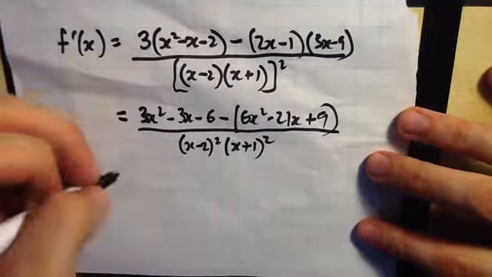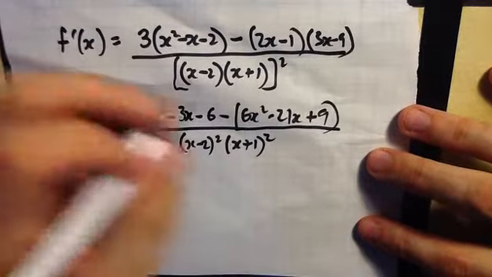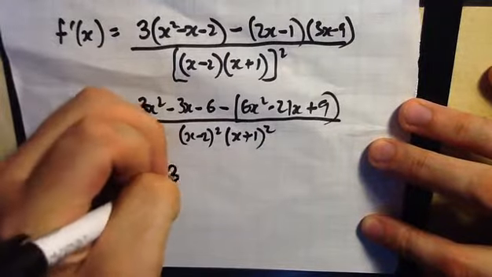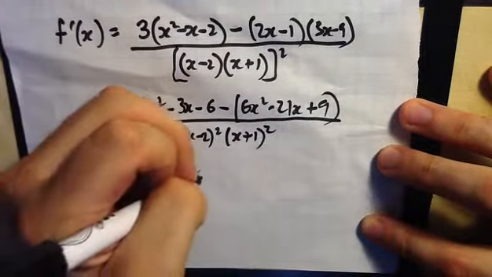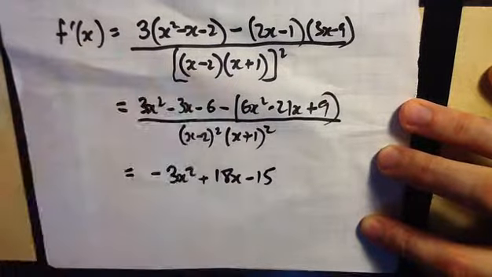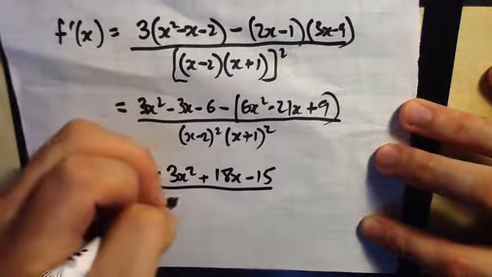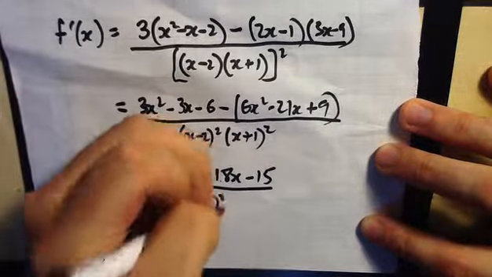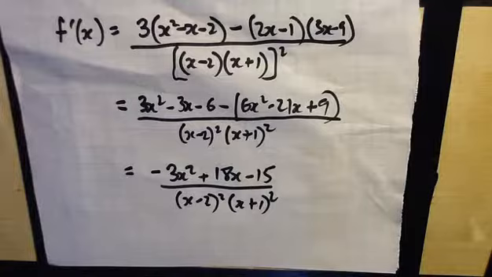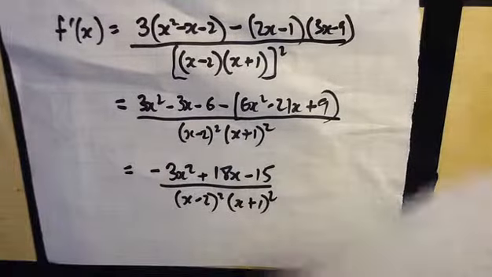Now, neaten it up a bit more and collect the like terms, which gets me negative 3x squared plus 18x minus 15, all still over x take 2 all squared, x plus 1 all squared. I'm going to neaten this up even further and take out negative 3 as a common factor on the numerator.